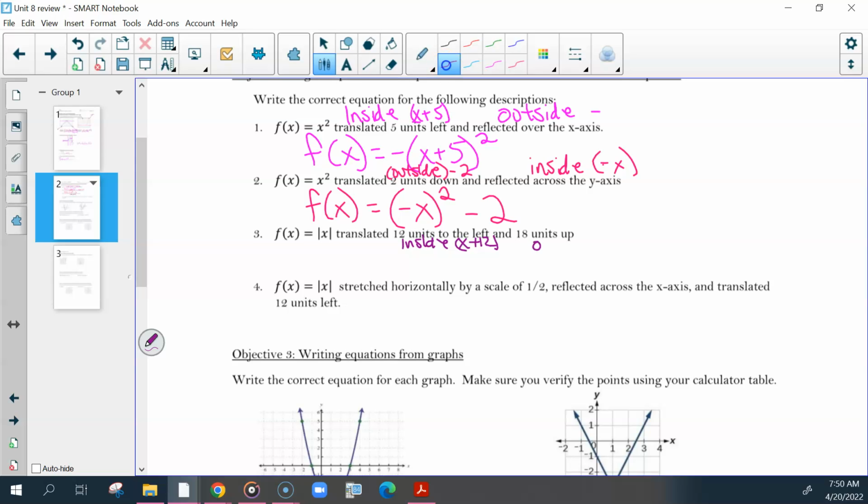Up is outside, so that would be a plus 18. So using what we're given, we have f of x equals, on the inside of the absolute value, we don't need parentheses for this one, x plus 12. And on the outside, we have plus 18.